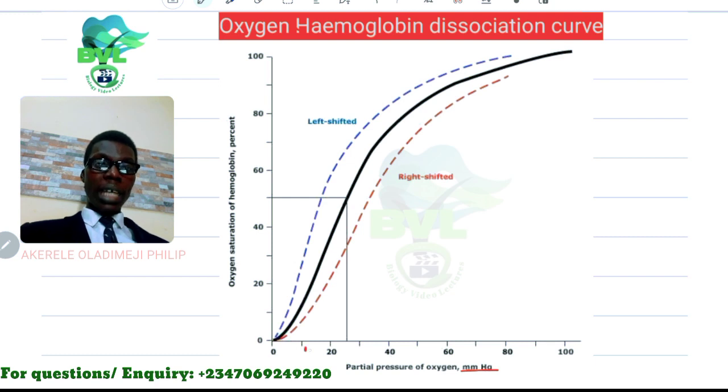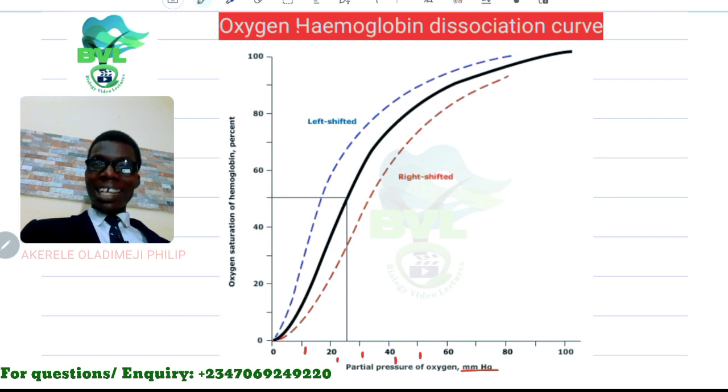It starts from 10, 20, 30, 40, 50, and what have you. And the oxygen saturation of hemoglobin, which you have right here, goes from 10 also, 20%, 30%, 40%, and it goes on and on. Now, you need to remember these few facts I'm about to establish.